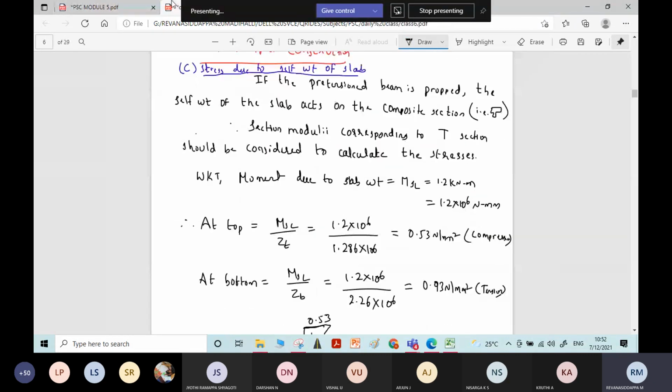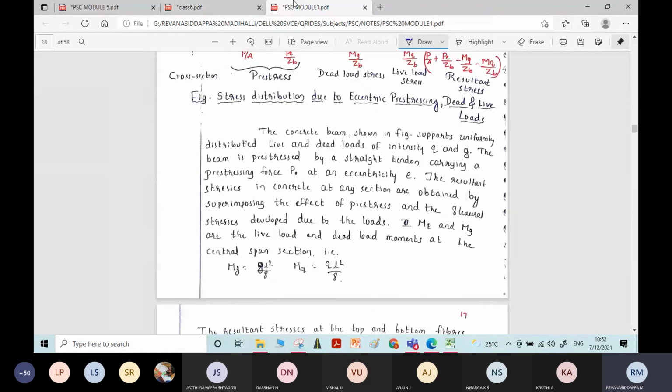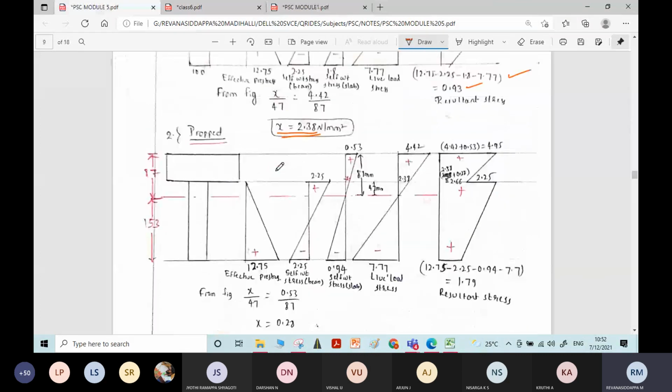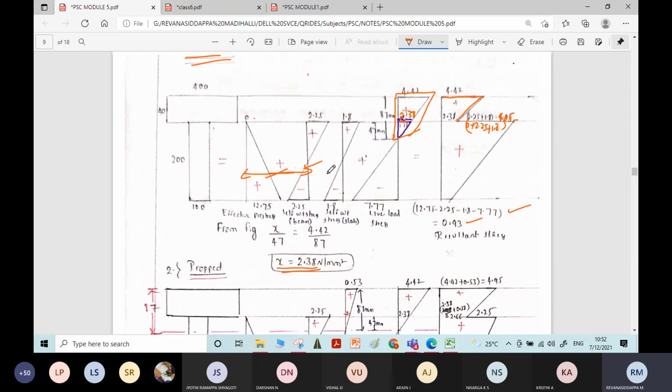Therefore, while drawing the stress distribution diagram for the unpropped condition, for the stress due to the slab weight, you need to write it with respect to the full height. Whatever we have substituted for Z, we have substituted with respect to the full T section. Here we have written with respect to the beam height only.